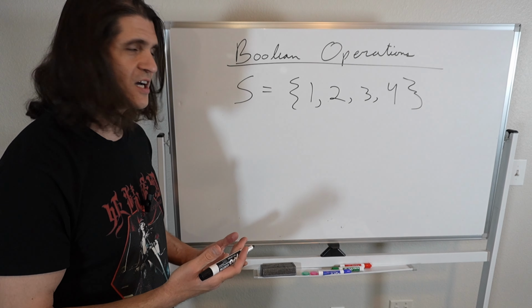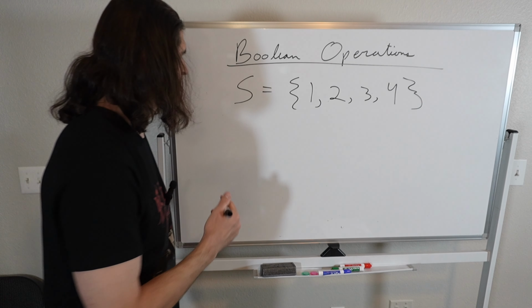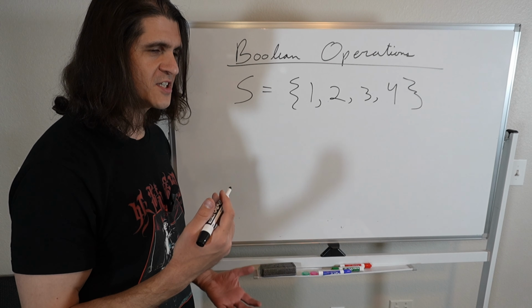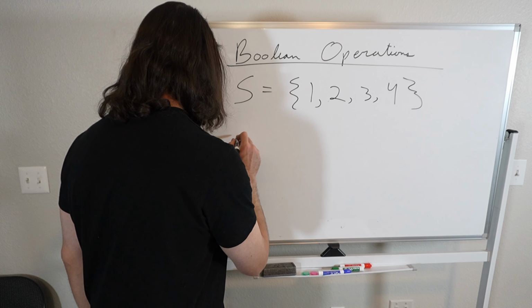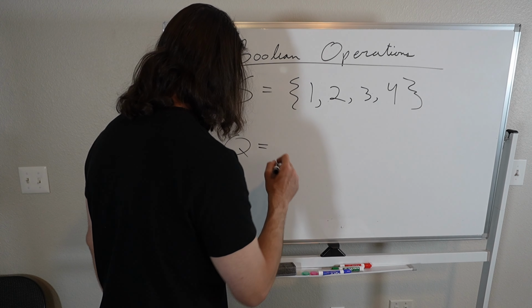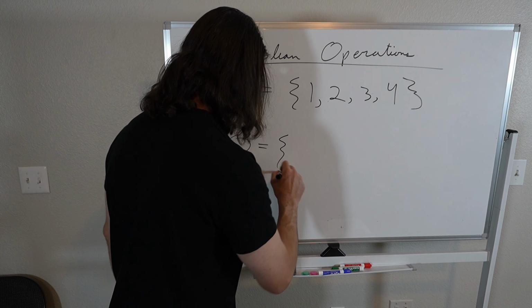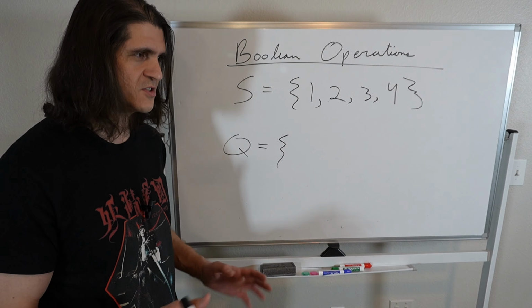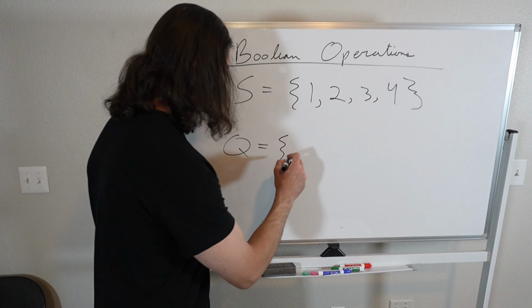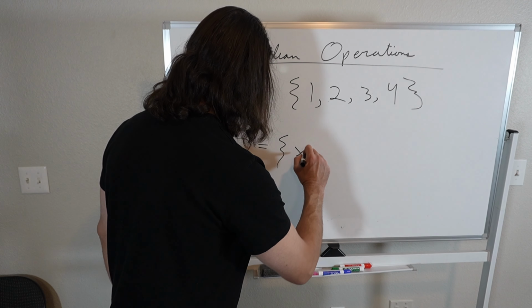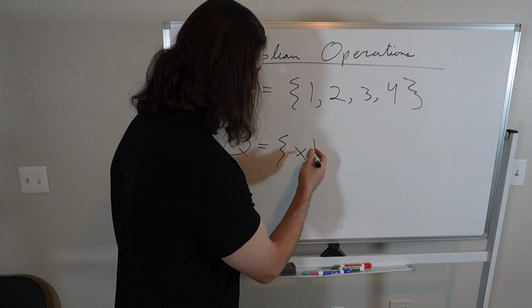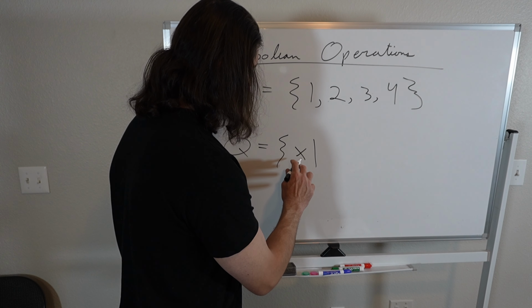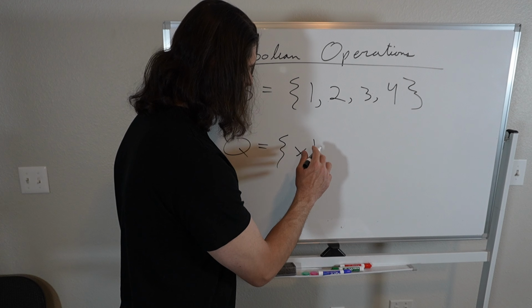Another, and you'll see this a lot, is called set builder notation. So let's say that I have another set, Q. The way we would write this out, and there's slight variations depending on which math book you're looking at, but it's usually the same pattern. We have the member of our set, we'll call it x. We'll either have a pipe or a colon, which basically means "such that."